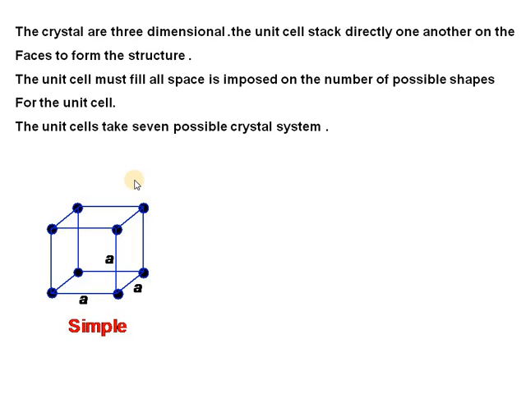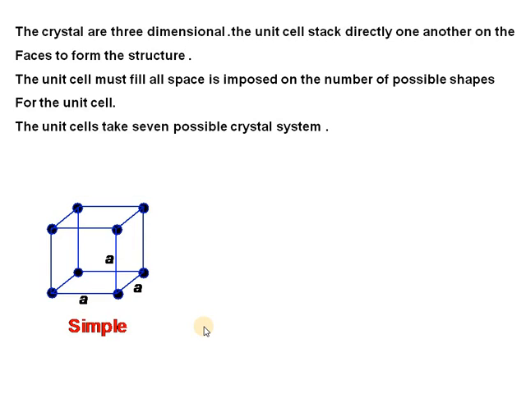The first one we see here is the simple cubic structure, which has all edges similar, like a.